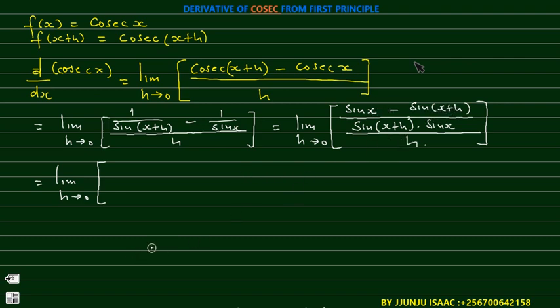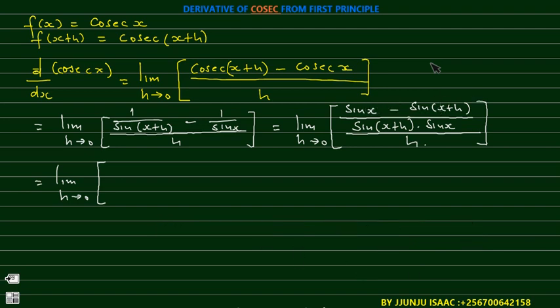We have already looked at this identity in the derivation of sine. So sine A minus sine B is the same as 2 cos A plus B divided by 2, sine A minus B divided by 2. So I'm going to apply it here.